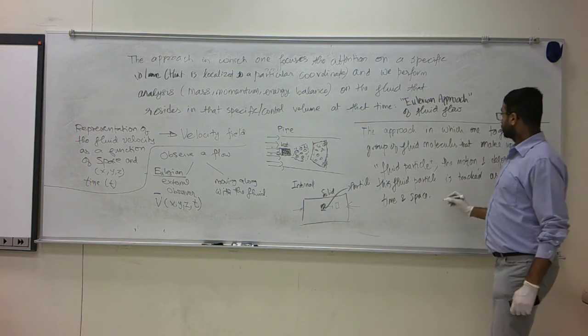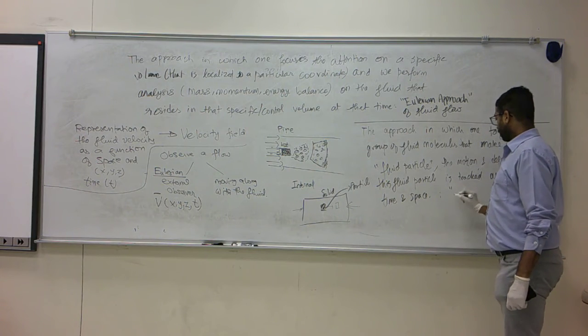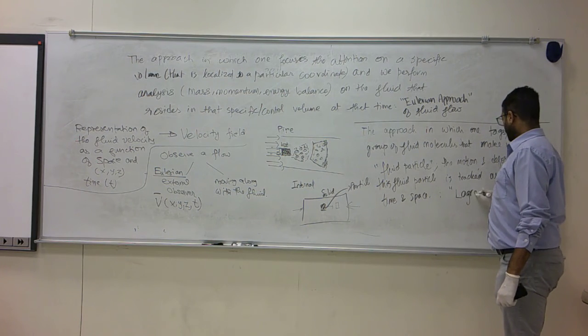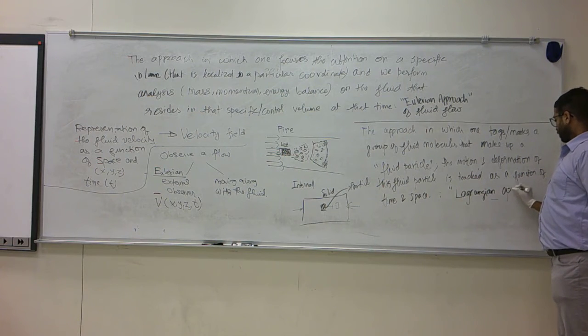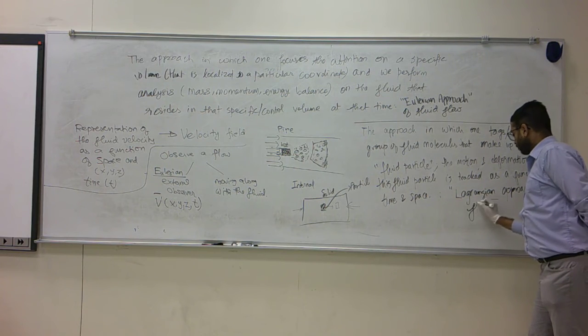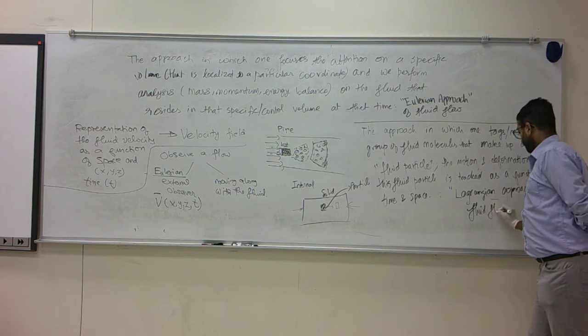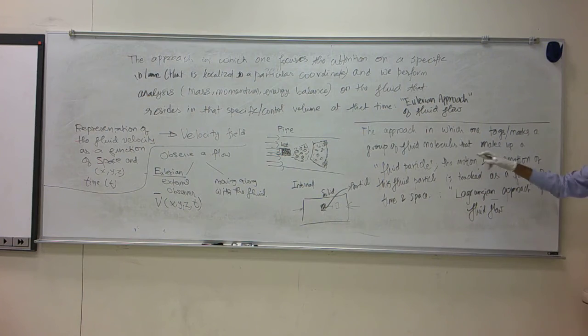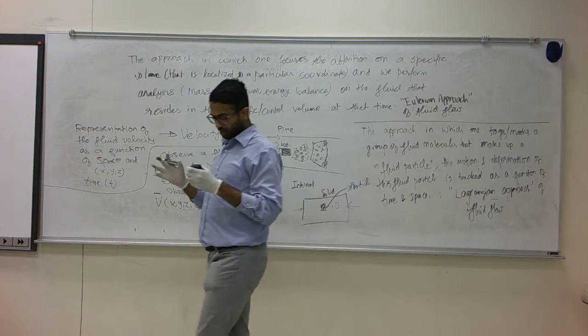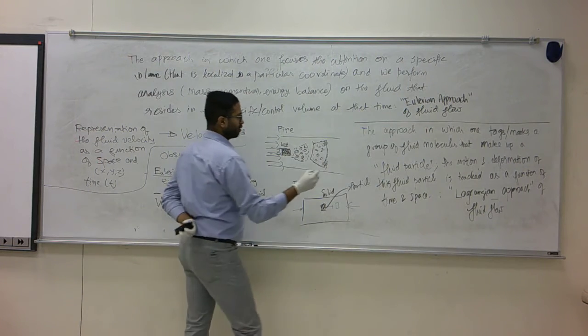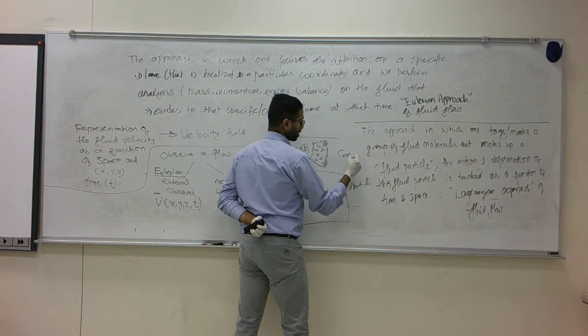This approach is what is called the Lagrangian approach of fluid flow. And this fluid particle, a group of molecules that you tag and call as one bunch, we call a control system.